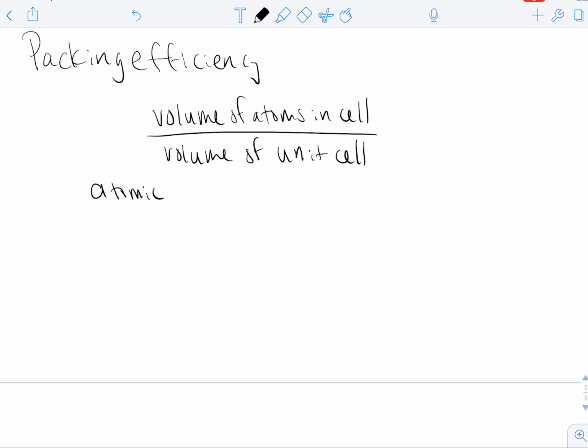Our atomic is going to be our Z number times the volume of a sphere. These two together will give us the volume of our atoms in our cell. And we're going to divide this by A cubed, which will give us the volume of our unit cell.